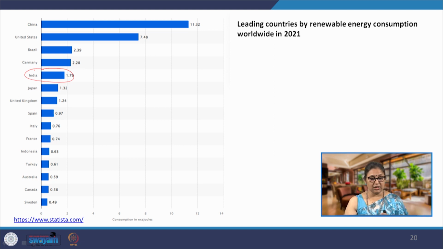So, as a country we are moving forward to the renewable sources, and besides the country moving towards renewable sources of energy, what we also have to see is that there is a lot of potential to include this in the building design itself.